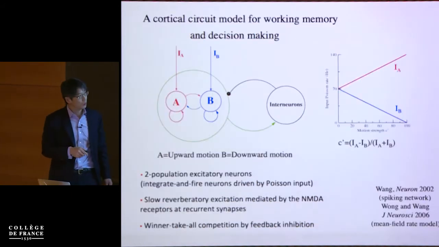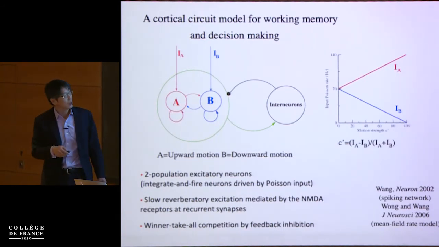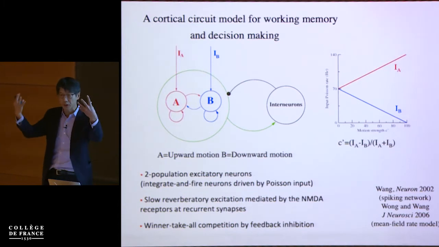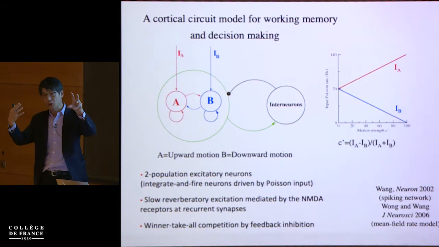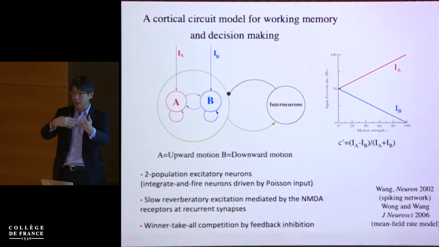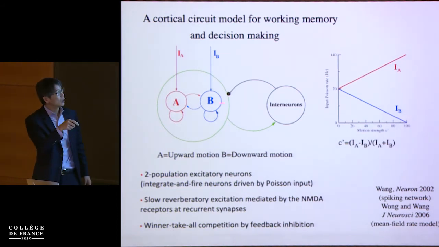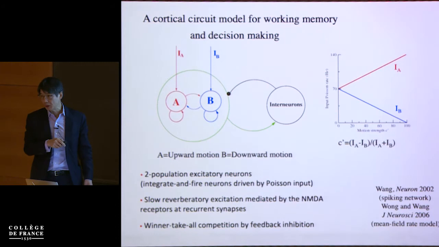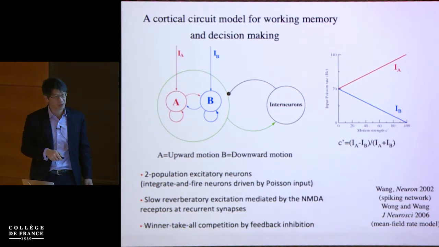Let me show you a version of the model that is applied to this task. Here, think about the 2 populations of neurons selected for A versus B. Within each neuron pool, you have a bunch of spiking neurons that talk to each other through recurrent excitation that depends on NMDA receptors. And the 2 neuron pools compete against each other through inhibition. So this is a simple version of the working memory model that I talked to you about last time.